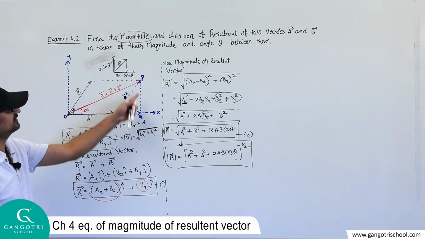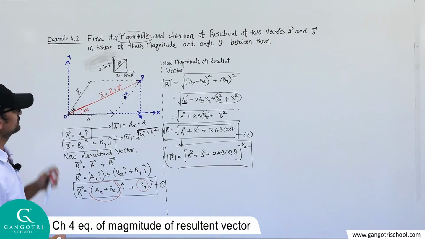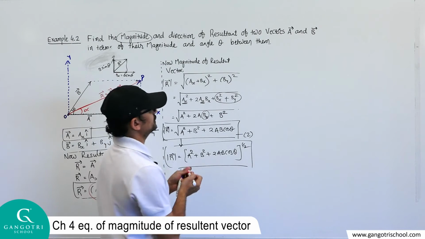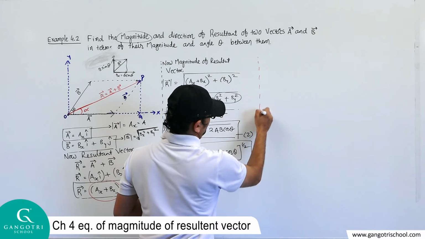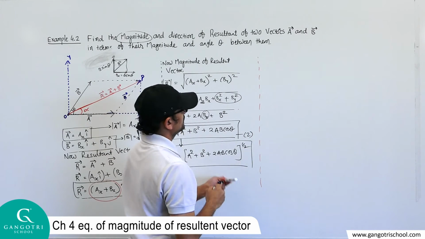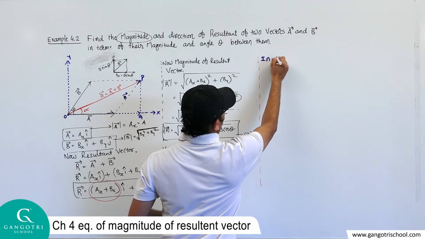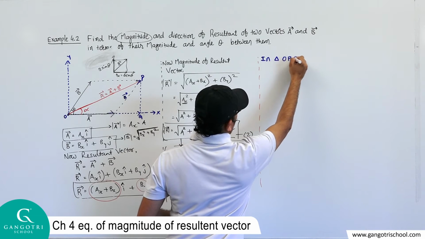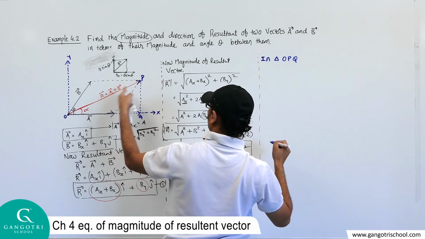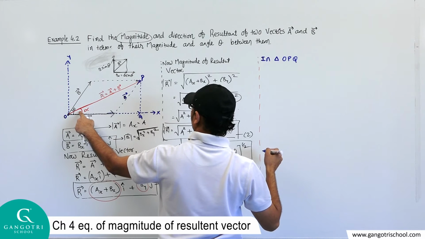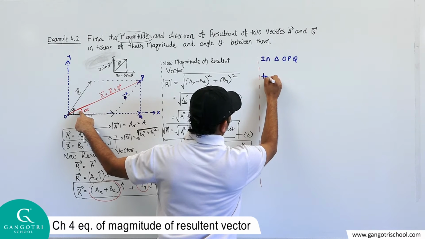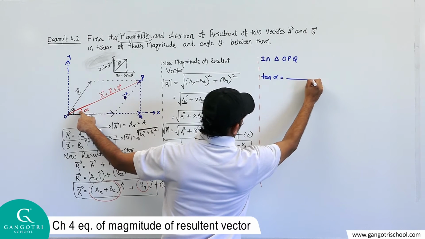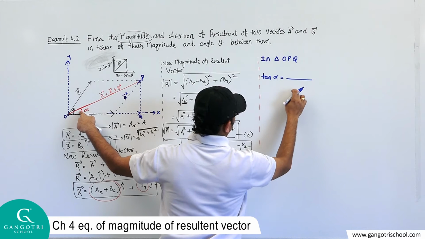So in this right angle triangle OPQ, look at this triangle. This angle is alpha, tan alpha. We know that tan means opposite side upon adjacent side.